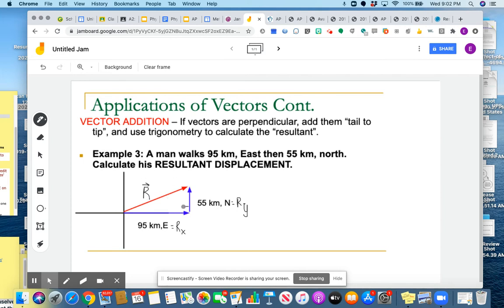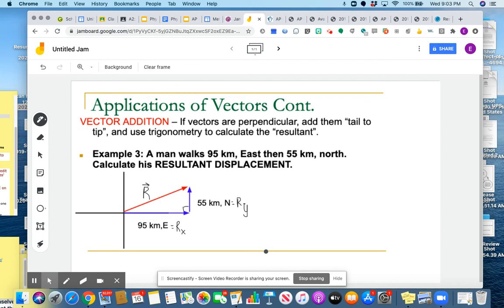But we very clearly see a right triangle. So we have two sides of that triangle, and we're missing a third side. So if you have two sides of a right triangle and you're missing one side, what can you use from trig to identify the length or the magnitude of that last side?